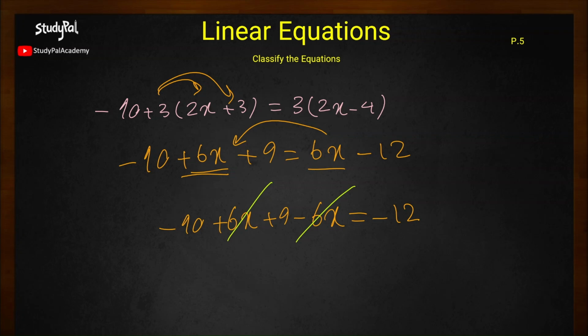And on the left-hand side, I have minus 10 plus 9 gives you minus 1. On the right-hand side, you have minus 12. This is never true. Minus 1 is not equal to minus 12. This is a contradiction. This is another class of the things, again, that you create with the equality sign.